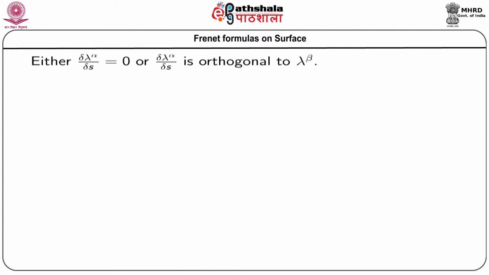Now, from that equation we can say that either del lambda alpha del s equals 0 or del lambda alpha del s is orthogonal to lambda beta.